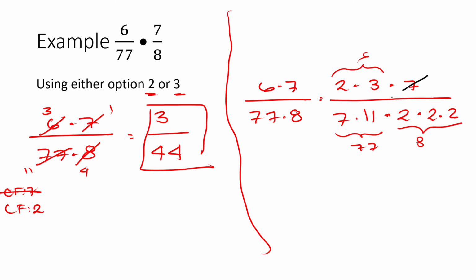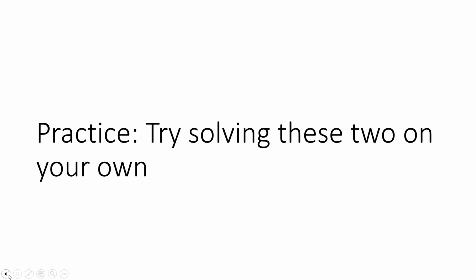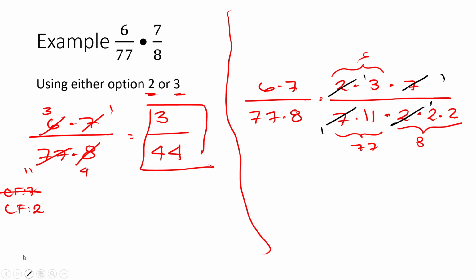Here's 7 and 7. They become 1. Is there any more? Yes. 2 and 2. Is there any more? No. So we simply multiply across. So we have 3. 11 times 2 is 22 times 2 is 44.